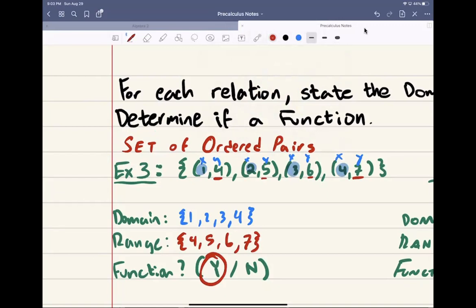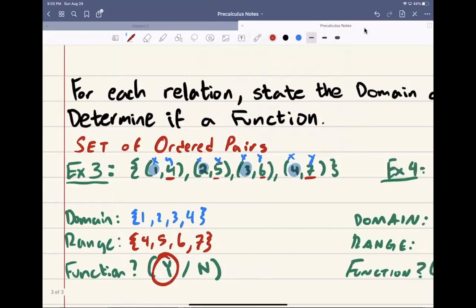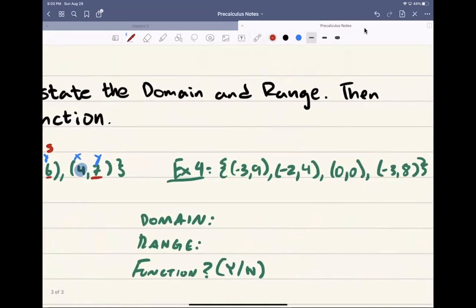Next up, we're going to look at another set of ordered pairs, right? And now we have this new one. All right, so once again, it's X, Y, X, Y. All our X's are our inputs, right? And so let's go ahead and write that our domain. So we're going to have -3, -2, 0. And then we repeat -3 here.